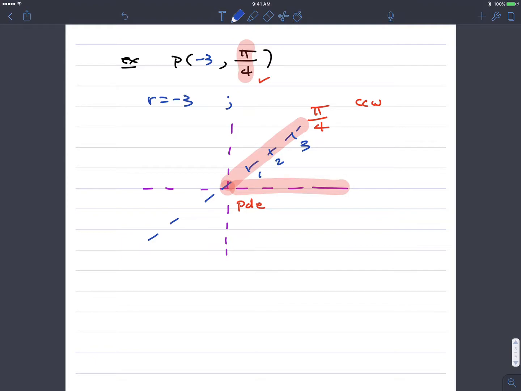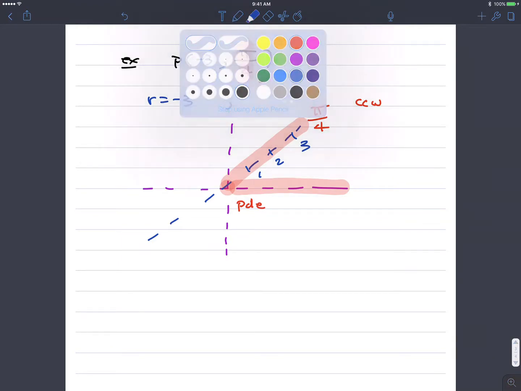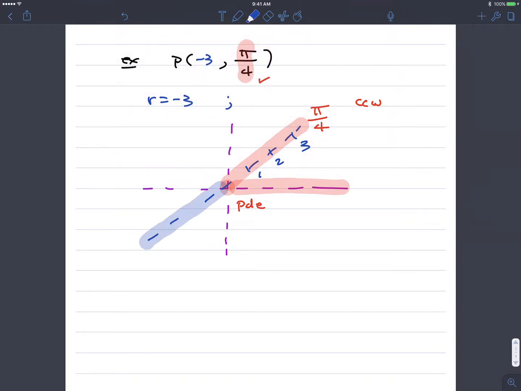What does that look like here? That looks like this. Yes, it's in quadrant 3. This is where all the negative radiuses will be: negative 1, negative 2, negative 3. So all you have to do is rotate your angle, whatever it is. If the radius is positive, it's on your palm.